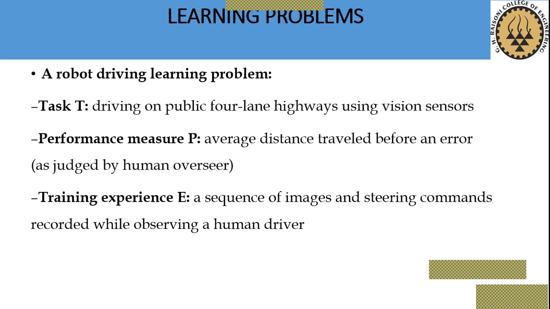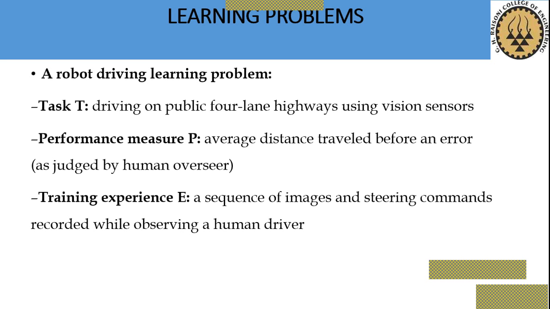How can we find out the performance of the car? We can calculate the average distance traveled by that car before it has an accident. If it moves the maximum distance without any accident, it means your driverless car is giving good performance. And how are you storing this experience?